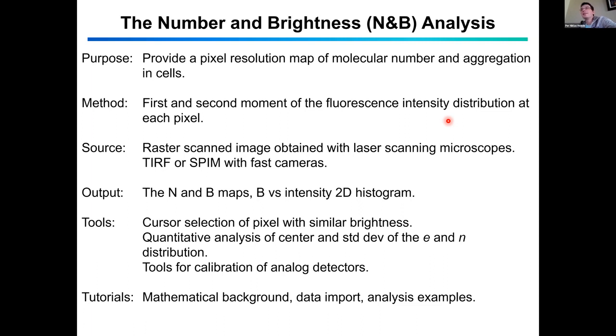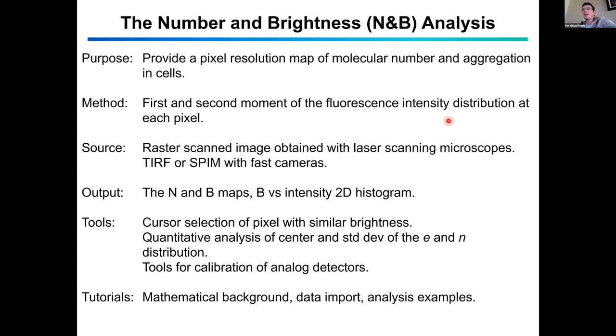As input, you can use the same raster-scanned images that we just used for the RICS analysis, but you can also use camera images obtained by total internal reflection microscopy or single plane illumination microscopy under certain conditions, which we'll go into a bit later.